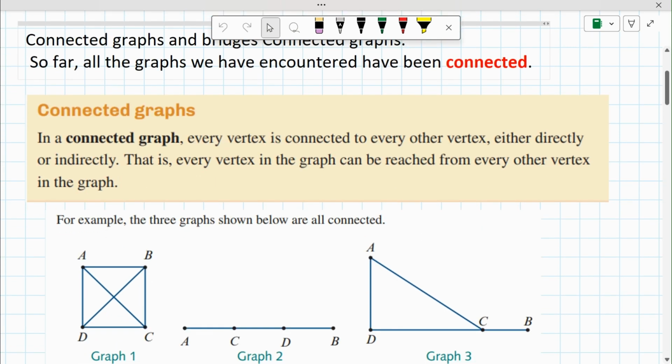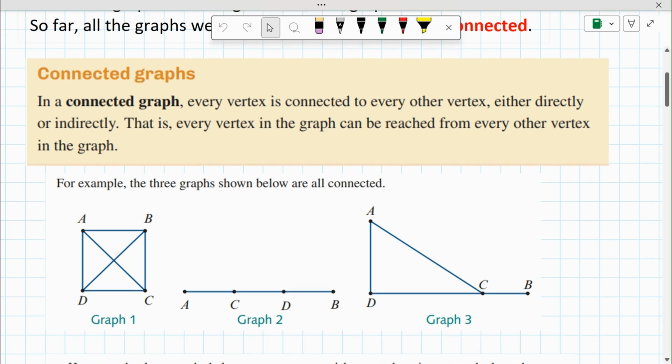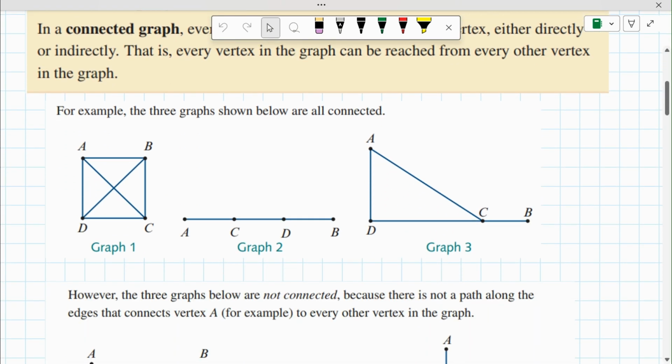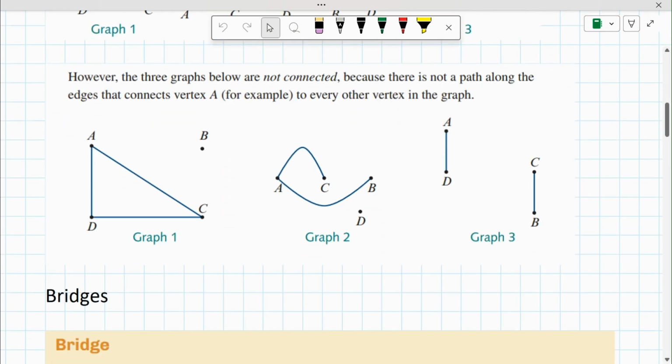That is, every vertex in the graph can be reached from each vertex in the graph. For example, graphs 1, 2, 3 are all connected. However, some are not connected at all. We can see from these graphs that 1, 2 and 3 don't connect to each other at all.